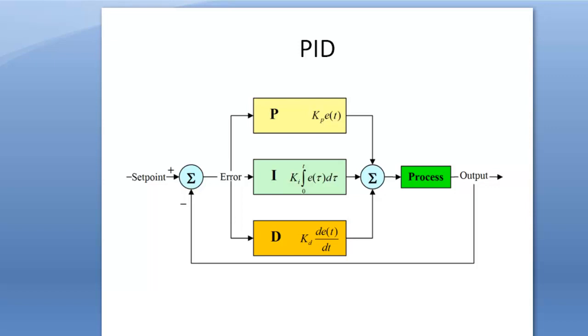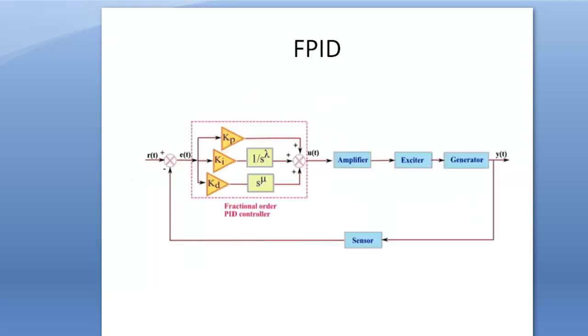When you move on to the fractional order PID controller, everything is the same. The only difference is S power lambda and S power mu. This lambda and mu are the fractional order values, that means values between 0 and 1. So that's the difference in the fractional order PID controller.